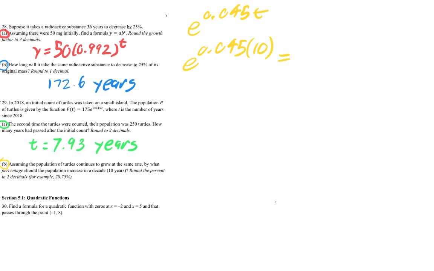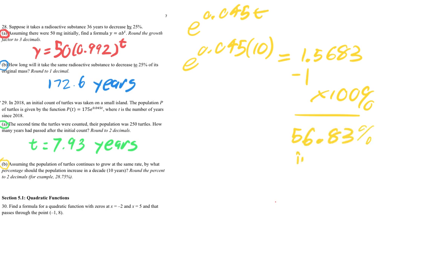That's going to leave us with 1.5683. And then to find what our percent is, we're just going to subtract 1 and then multiply that by 100%. That's going to leave us with 56.83% increase.